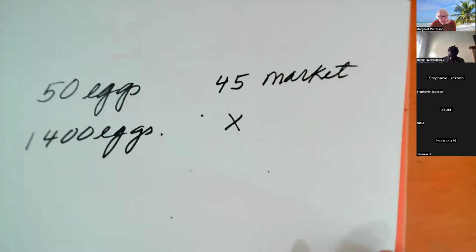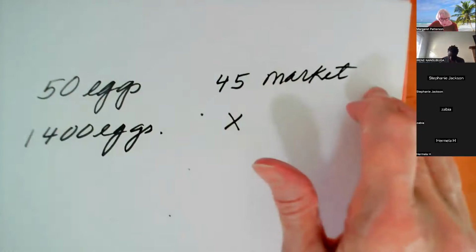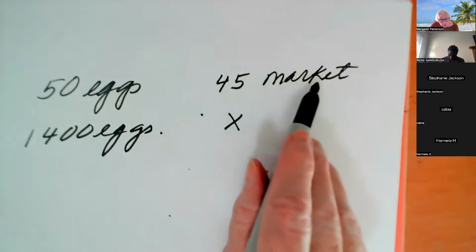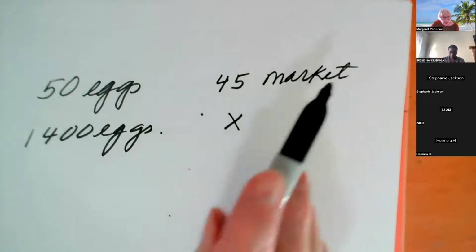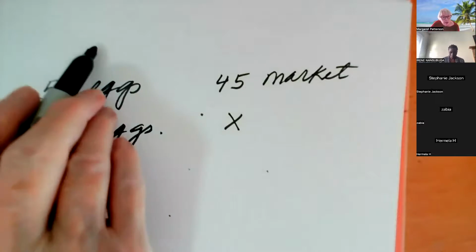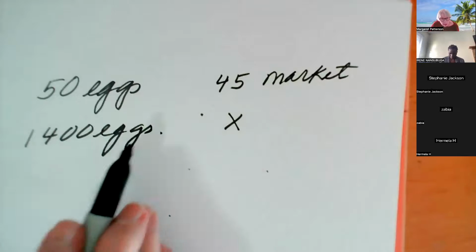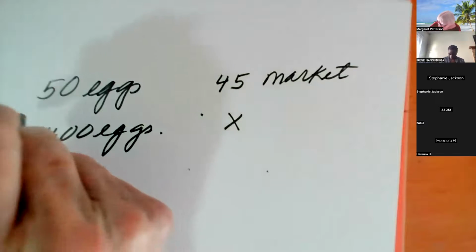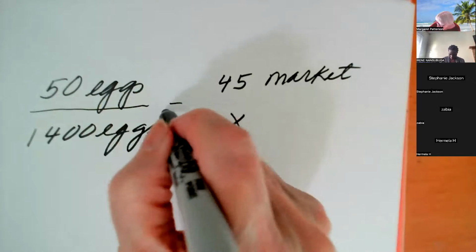So literally, the first sentence, I just wrote it straight across. 50 eggs, 45 can go to the market. Now, they had 1,400 eggs, so I put eggs under eggs, and then this will be market. And so you make your proportion right out of the notes.